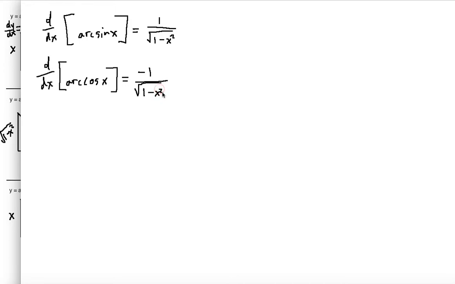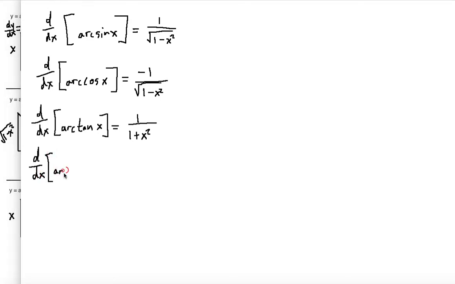When you take the derivative of an inverse tangent of x, you will get out 1 over 1 plus x squared, or of course 1 over x squared plus 1. Derivative of an inverse cotangent will give you the same thing, but opposite in sign.